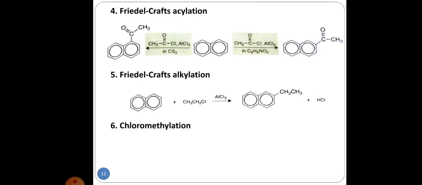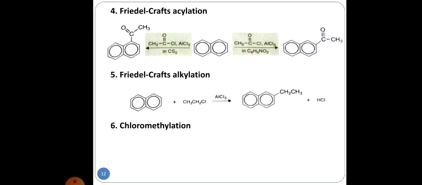Next one, Friedel-Crafts alkylation. Naphthalene undergoes alkylation with alkyl halides, except that methyl halides do not react. In the presence of aluminum chloride, it gives rise to 2-alkyl naphthalene.